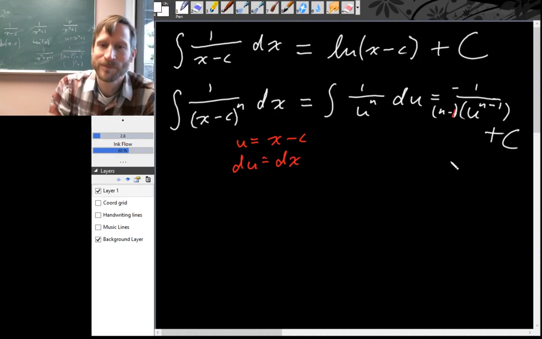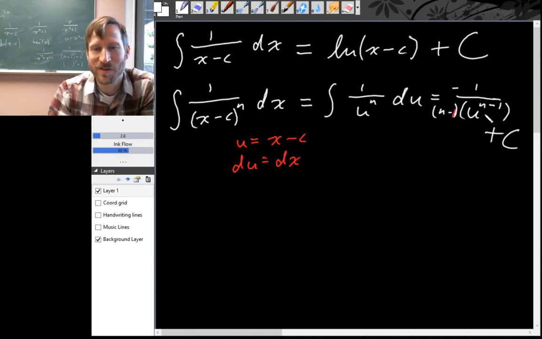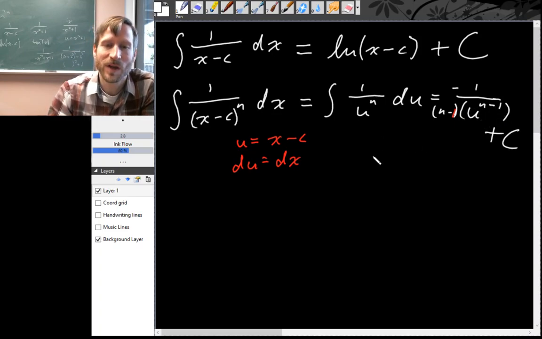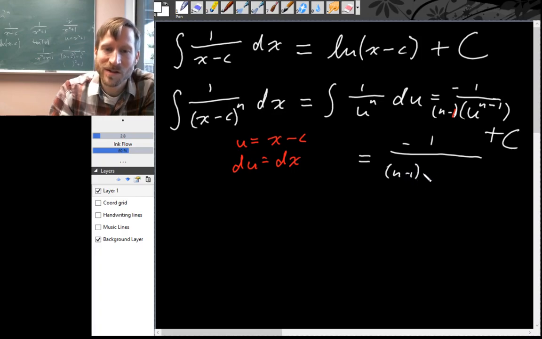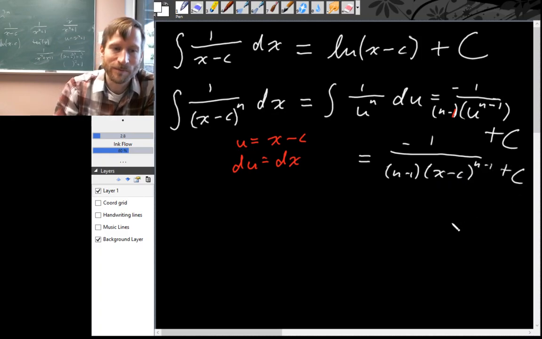There it is. And you can check that the derivative of this is 1 over u to the n. Of course, we should probably undo our substitution, so we get minus 1 over n minus 1 times x minus c to the n minus 1, plus a constant. Okay, so that's the second possibility down. 2 more to go.